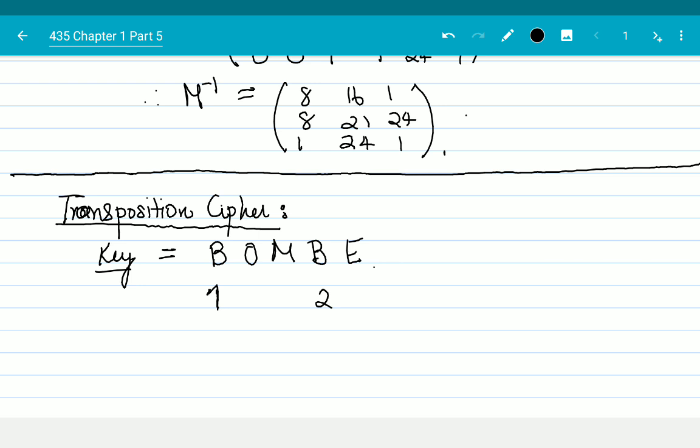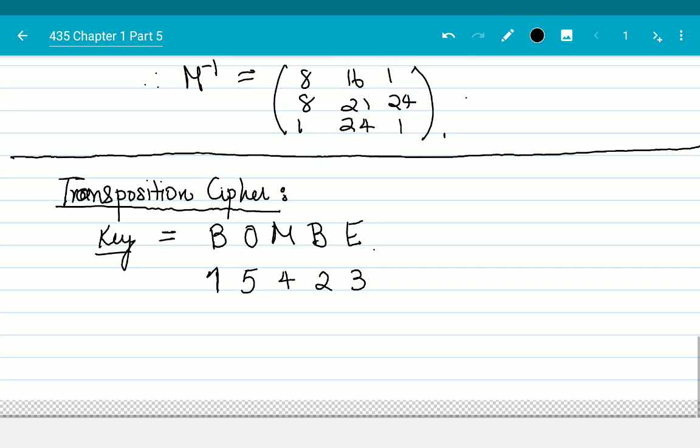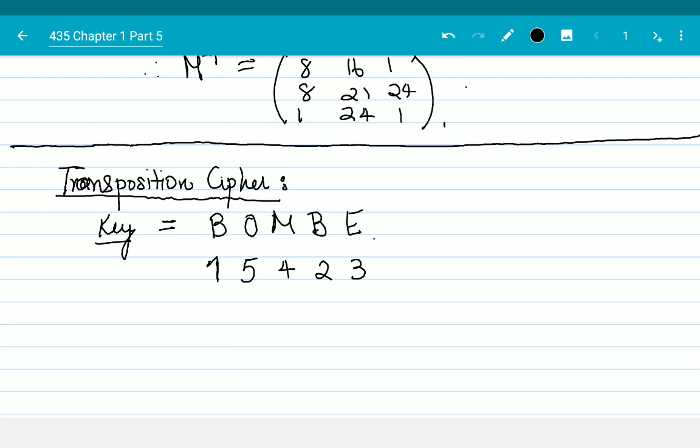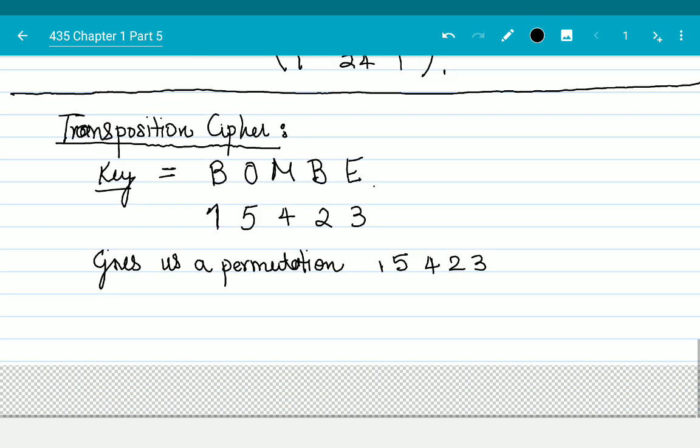The second is this B, third is E, fourth is M, and fifth is O. This gives us the permutation that we want: 1, 5, 4, 2, 3.